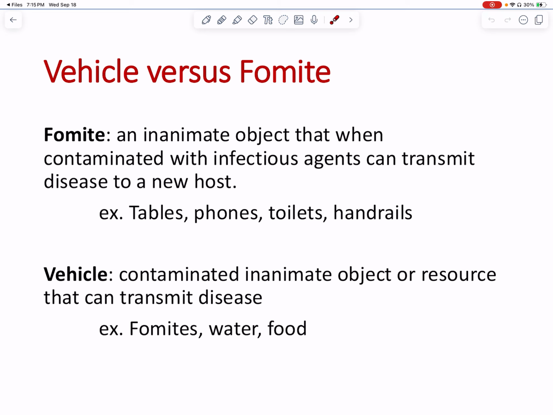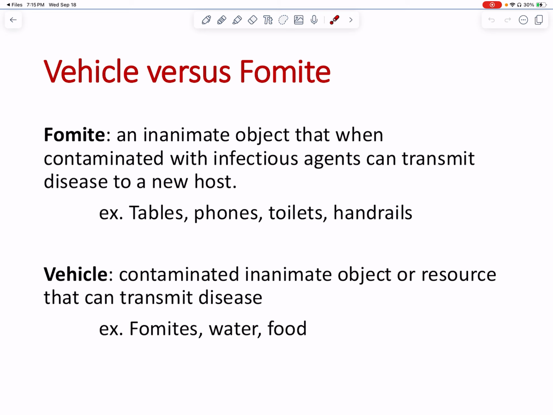And if someone else comes around, touches that surface, and then touches any type of their mucosal membranes or eats some food, they could then transmit that disease into themselves. So, perfect example would be like our benchtop tables in the lab. A lot of you swabbed phones or toilets or handrails. So, all of those examples that we swabbed in the lab would be considered fomites.